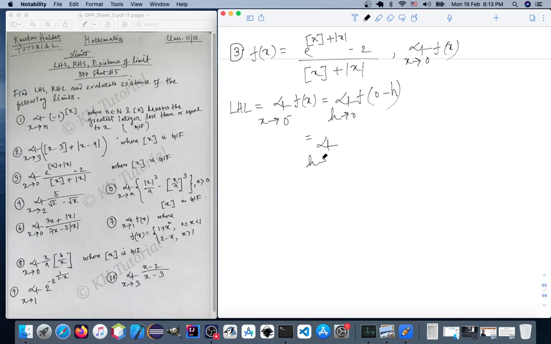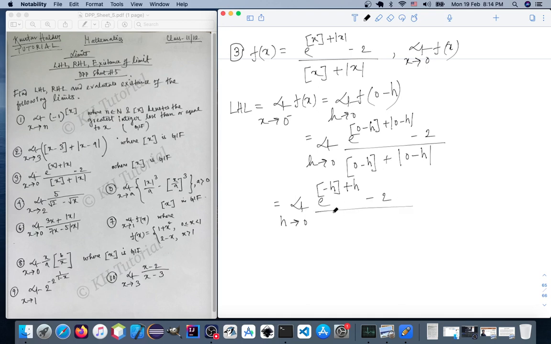This equals the limit h tending to 0 of (e to the power [-h] + h - 2) divided by ([-h] + h), since mod of minus h is h.